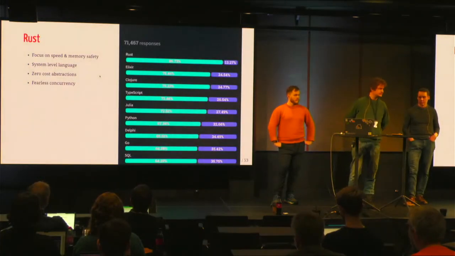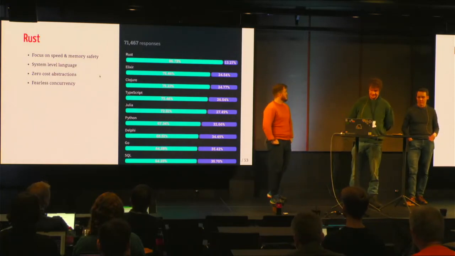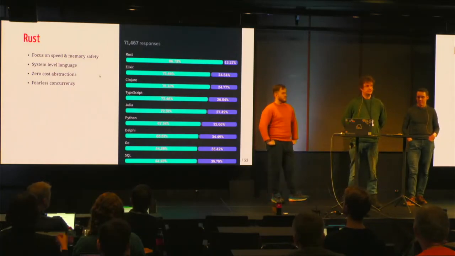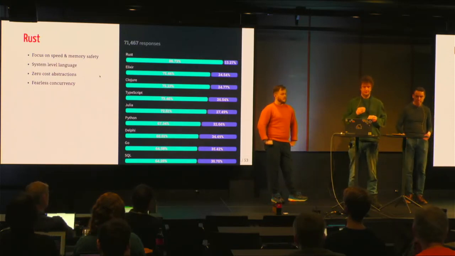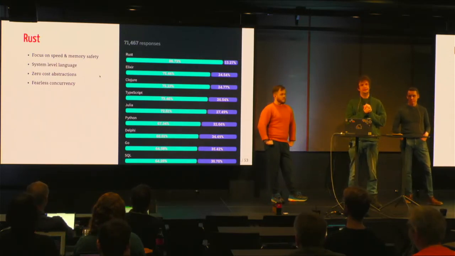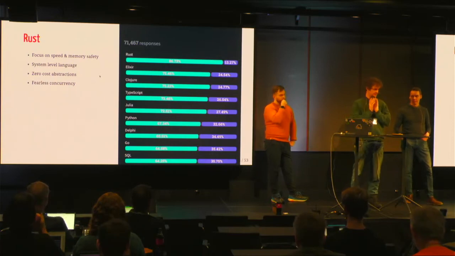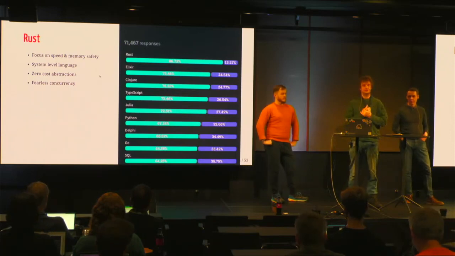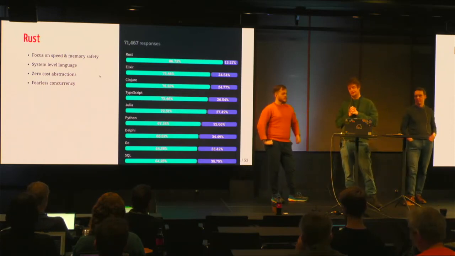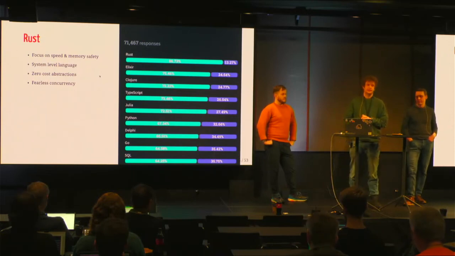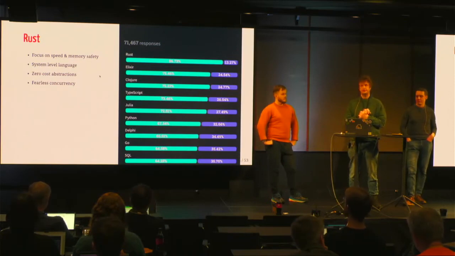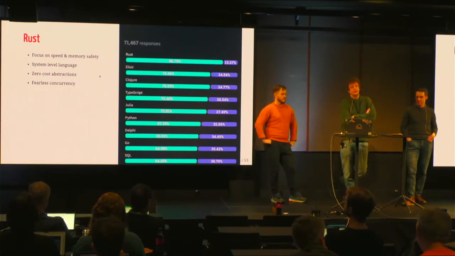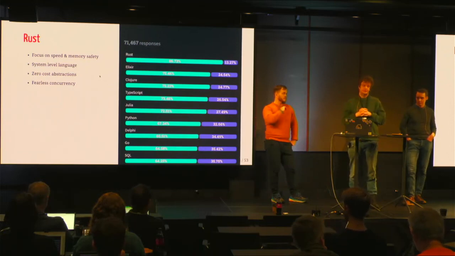Yes, so why Rust? Rust is a high-level language which focuses on speed and memory. By this we mean that it is almost as fast as C and C++. But it also has some extra features, a focus on safety, memory safety, so you may avoid things which might occur with languages like, for example, C or C++.